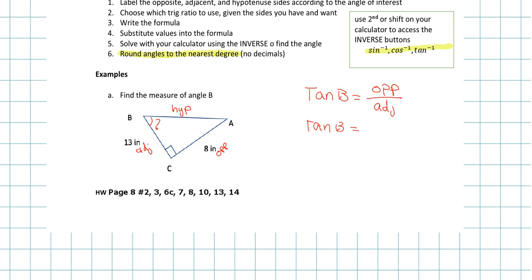Here is when you're going to have to do the inverse because you're looking for the angle. So B equals, you're going to press the shift button, so tan inverse, shift tan. Put 8 over 13 in brackets, guys. Make sure you put them in brackets. And you should be getting a measure for an angle.